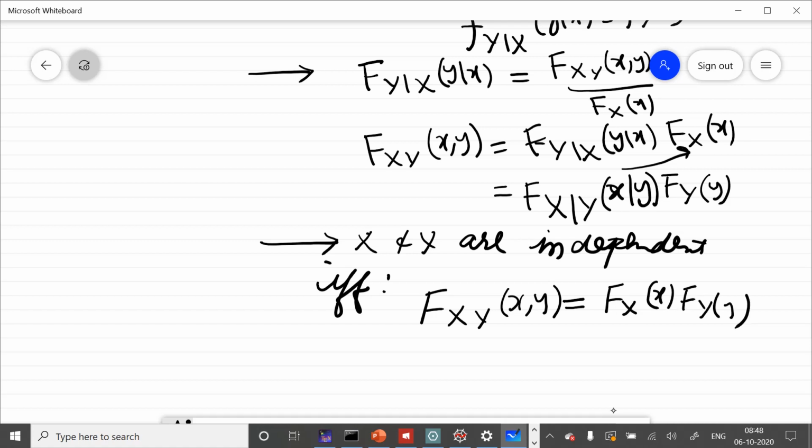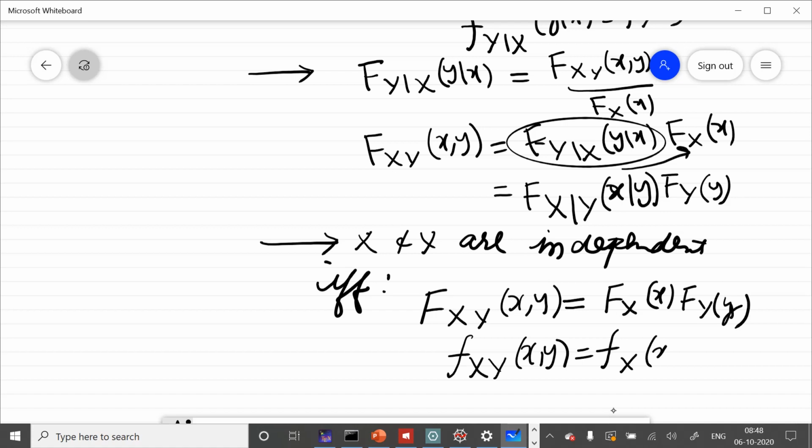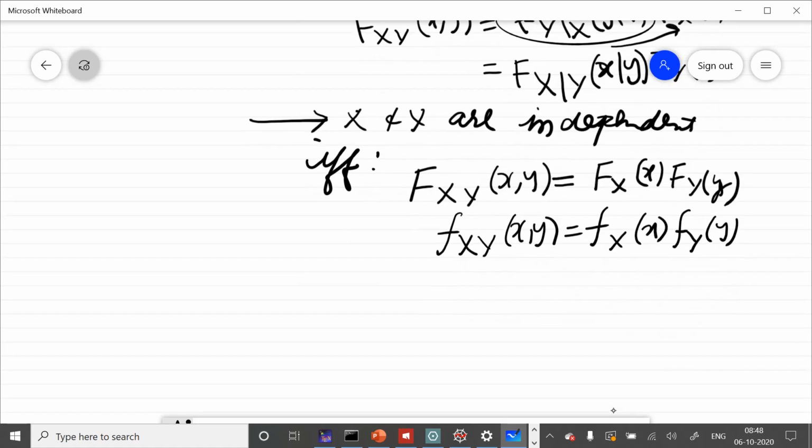Why? Because you take this particular term, it is f of y given x, but if X and Y are independent, you know that conditioning on x has no effect on it, so we can remove that. So hence it becomes F_X of x, F_Y of y. Similarly, if it is continuous, the joint PDF, if it factors as a product of individual PDFs, we say they are independent.